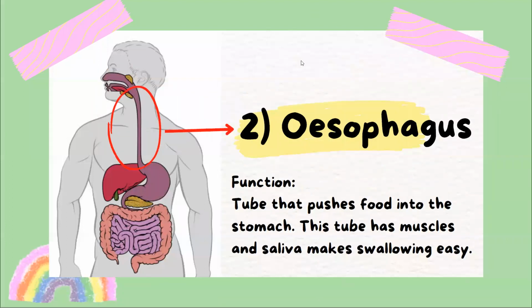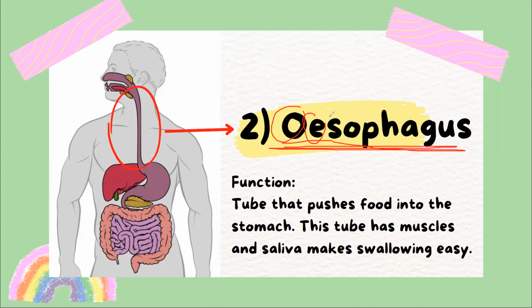Okay, very good. The esophagus, don't forget the spelling. Every time a lot of students get this wrong. The spelling of esophagus is OESOPHAGUS. Is it like a silent O or a silent E?